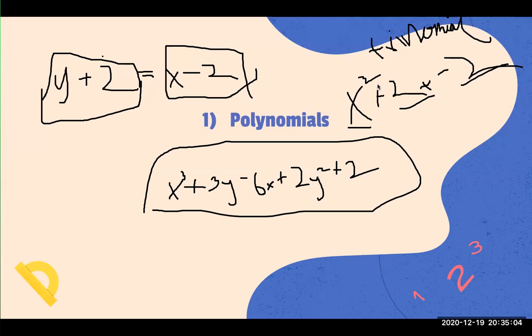No. A multi-step equation is an equation. It's not an expression. As you can see, this does not have an equal sign anywhere in it. If it has an equal sign in it, then it's an equation, not an expression, which is what polynomials and trinomials and binomials are.